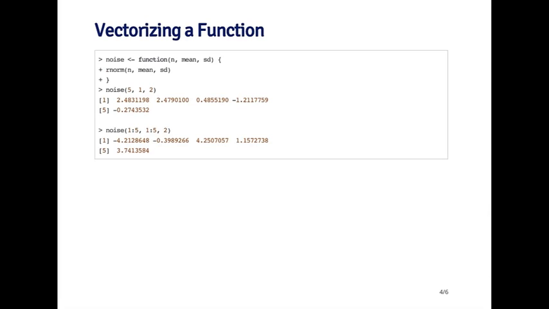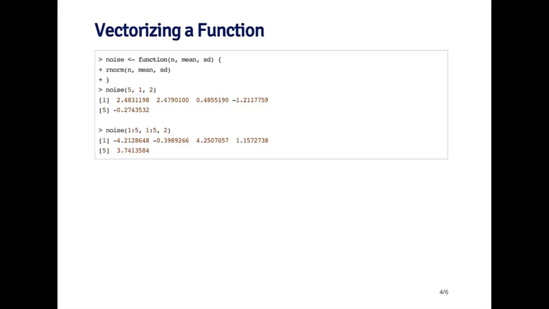Here's another very simple function. It just generates some random normal noise, using rnorm. The function has three arguments: the number of observations, the value of the mean, and the value of the standard deviation. If I apply noise with a single set of arguments, 5, 1, and 2, I get 5 random normal variables with mean 1 and standard deviation 2. However, this function doesn't work correctly if I pass a vector of arguments.